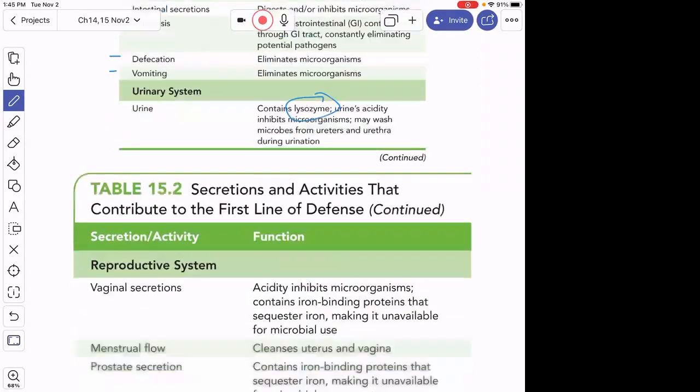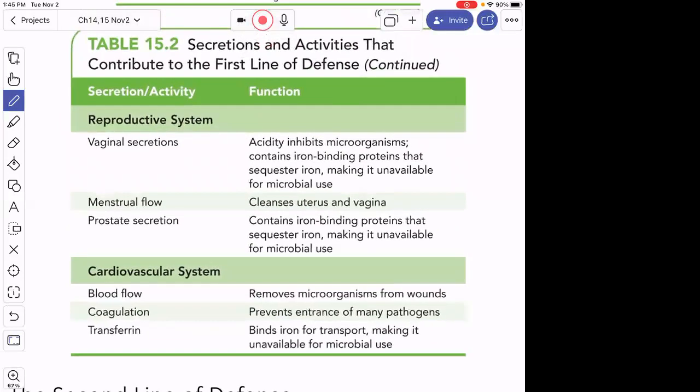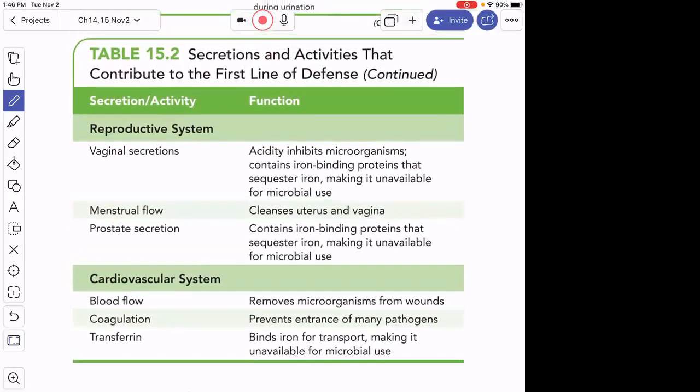The other hallmark that we see is that lots of our secretions have mechanisms to sequester iron, meaning iron is often a limiting nutrient for the growth of bacteria. So we have chemicals to sequester any available iron so that bacteria can't have access to it. We see that in several types of secretions here, binding iron, just to try to limit that.